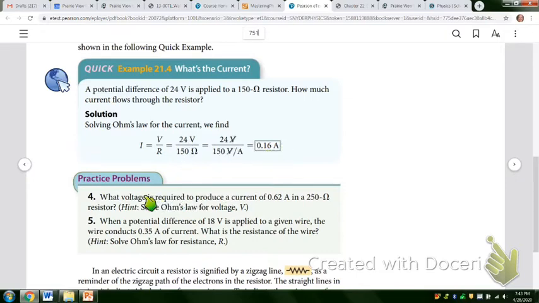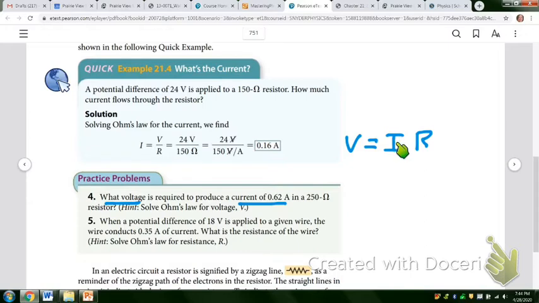All right, so let's look at 4 and 5. It says what voltage is required to produce a current of 0.62 amps in a 250 omega resistor. It even tells you you're going to use Ohm's law on this one, which is V equals IR that we just saw above. What voltage? That means I'm looking for V. I have a current of 0.62 amps.